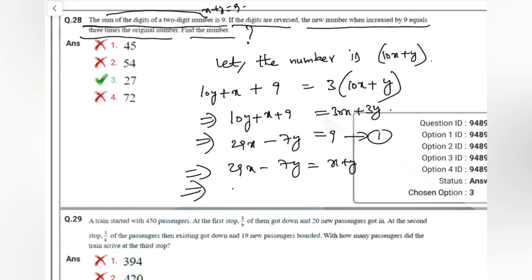After simplifying, it becomes 28x is equal to 8y, which implies x by y is equal to 8 by 28.